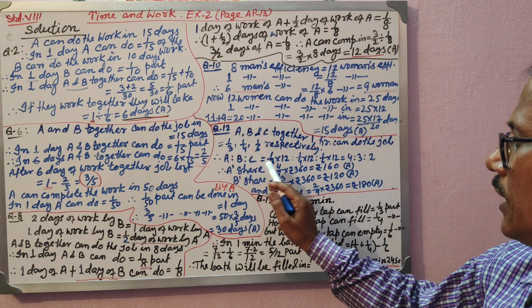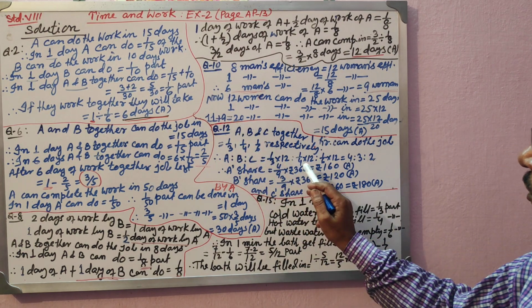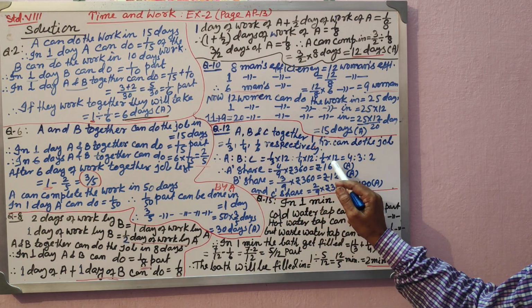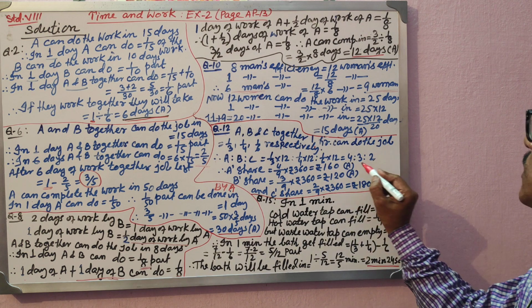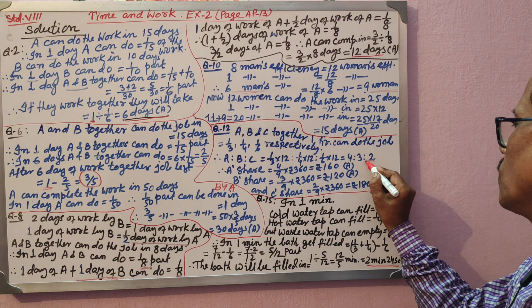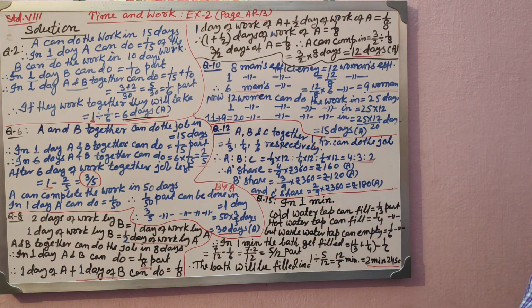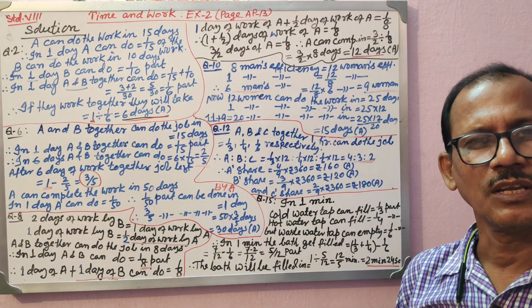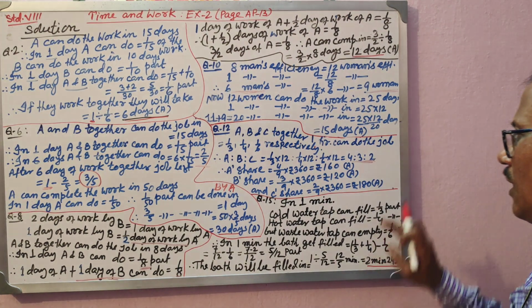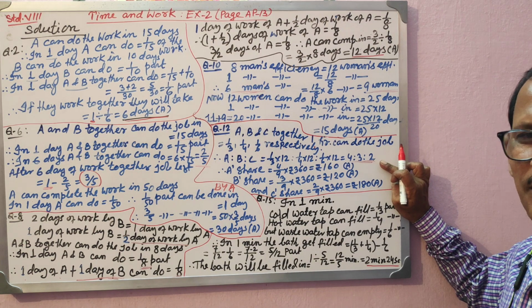So 1 by 3 into 12 is to 1 by 4 into 12 is to 1 by 6 into 12, which is equal to 4 is to 3 is to 2. This is the efficiency of A is to B is to C. Your job is almost done. Definitely their wages will be distributed as per their efficiency.